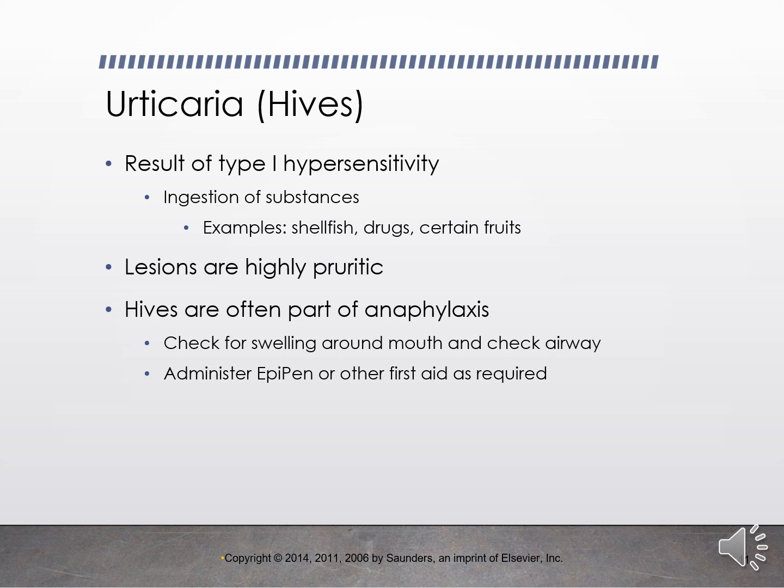These lesions are highly pruritic. These are often a part of anaphylaxis. They can develop in the pharyngeal mucosa, and they can actually obstruct the airway. It's important to check for swelling around the mouth and to check the airway. It's also important to administer an EpiPen if it's available, and to seek medical assistance right away.